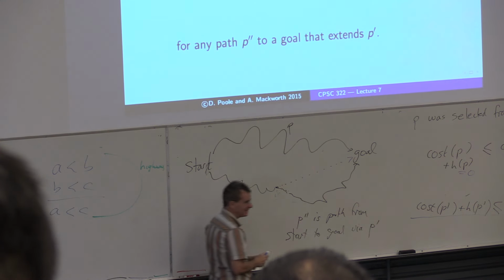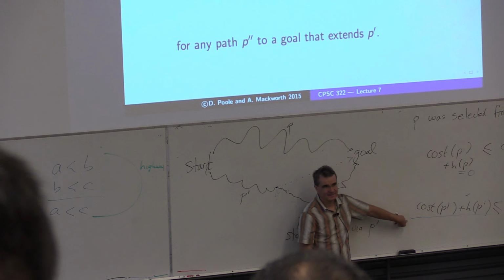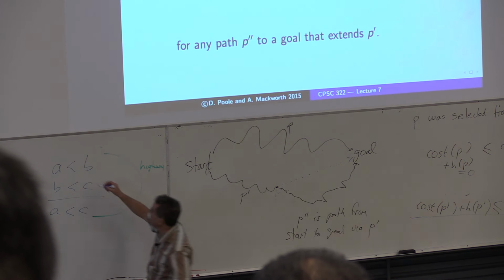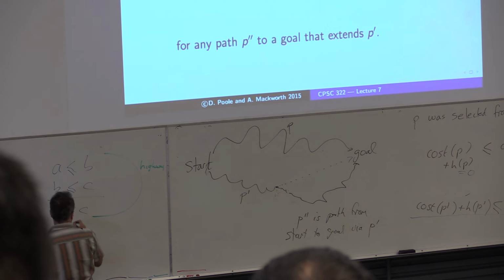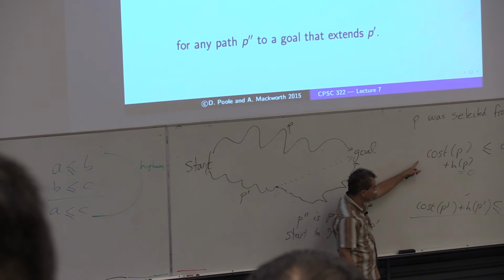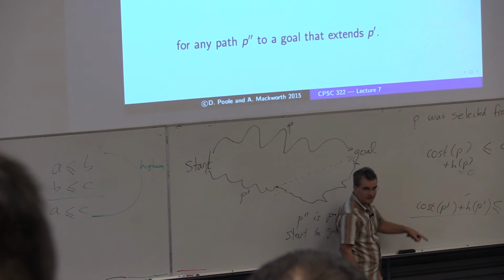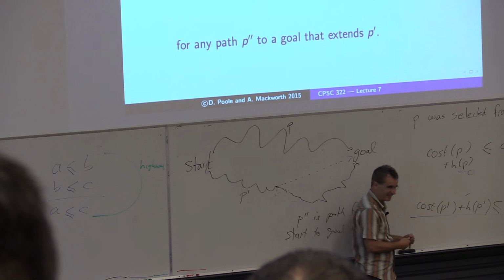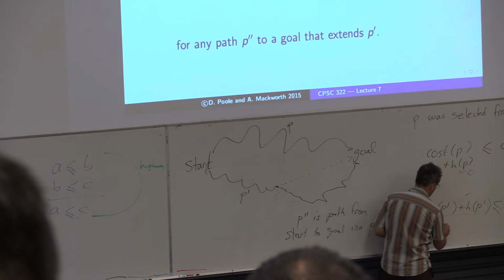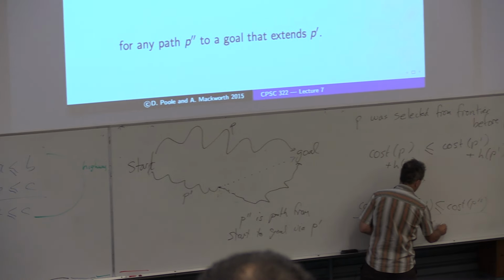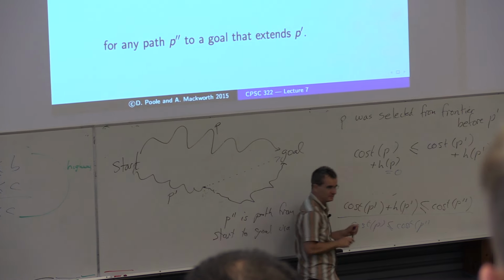Okay. What do we have? Let's make it closer to the problem. We have less than or equal to. So the cost of p is less than or equal to the cost of p double prime, right?